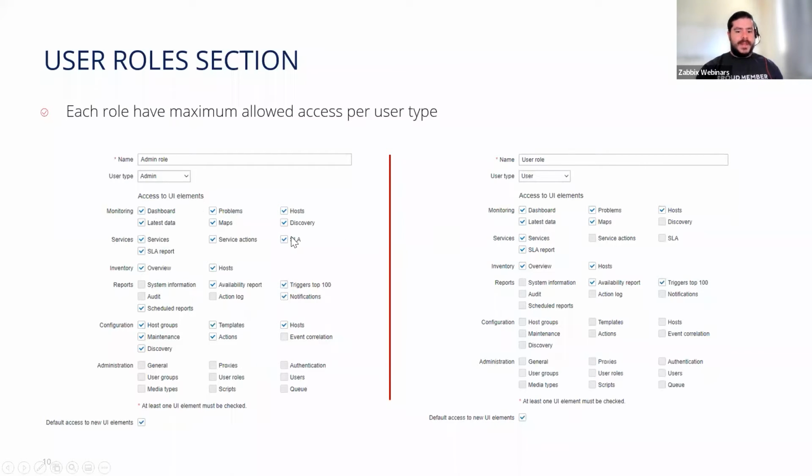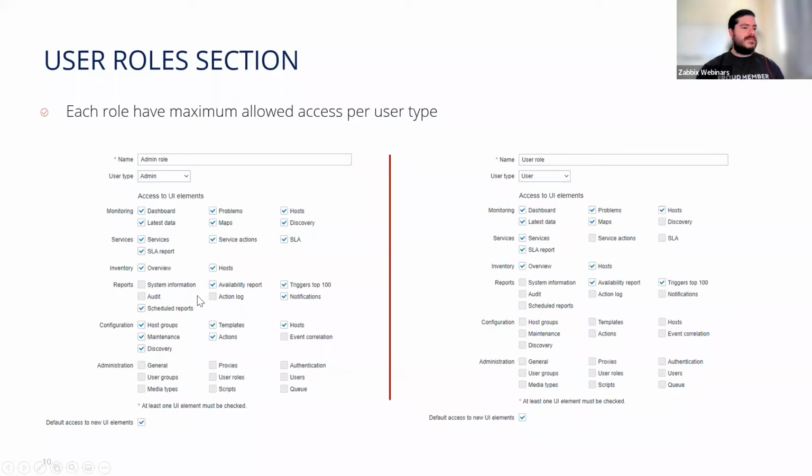You can see that both of them have the user type here, and on this drop down, we can select the user type, the ones that we just saw. We can select super admin, admin, and user. And their access is limited by the user type.